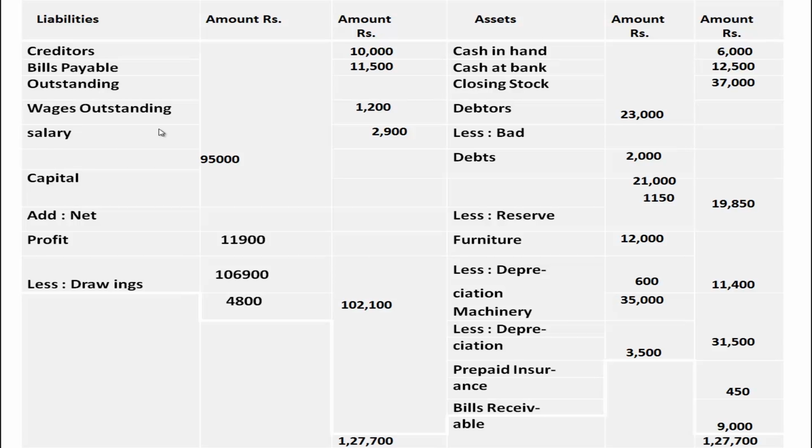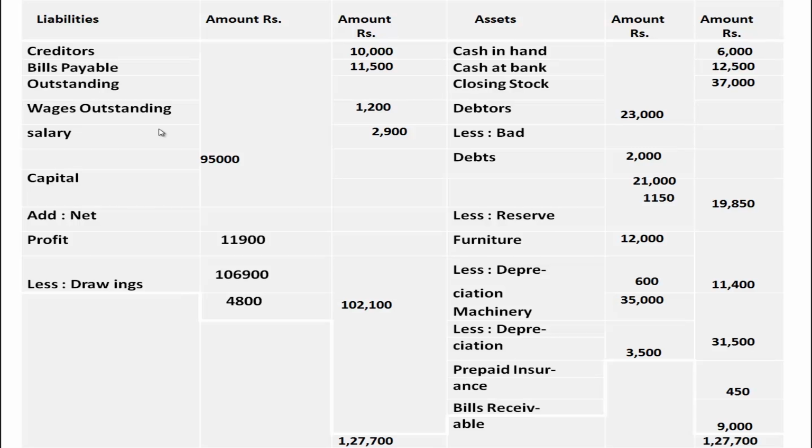So the 4,800 is the drawing, so we will reduce that amount. So the final capital is 1,02,100. In this way we have written all the liability side entries.